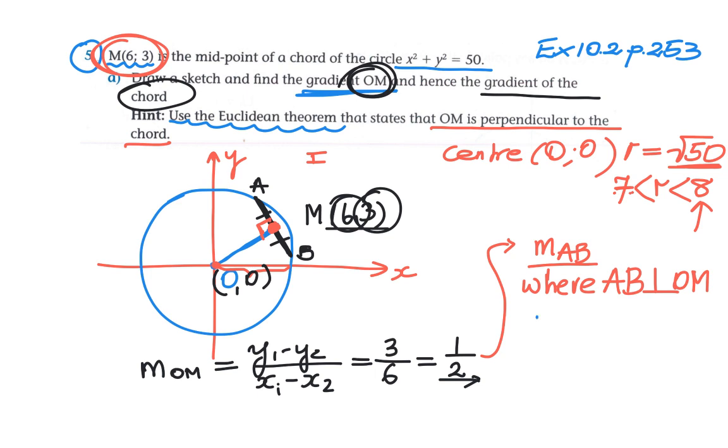Therefore, the gradient of AB must be minus 1 over this. So it must be minus 2, since for perpendicular lines, m1 times m2 is equal to minus 1.